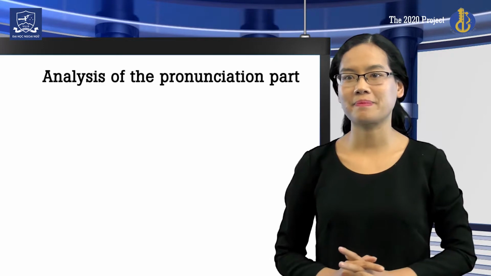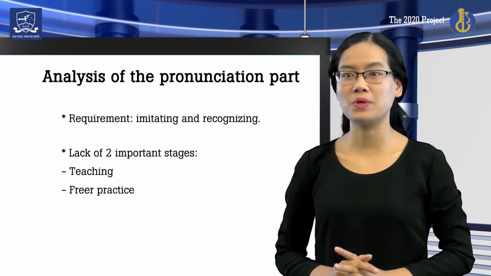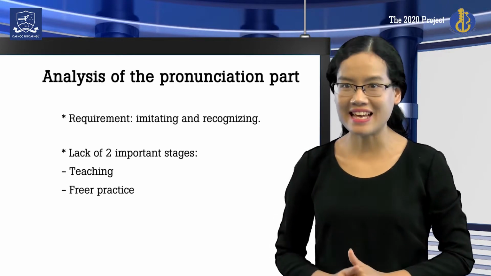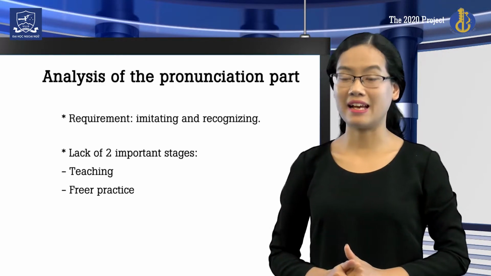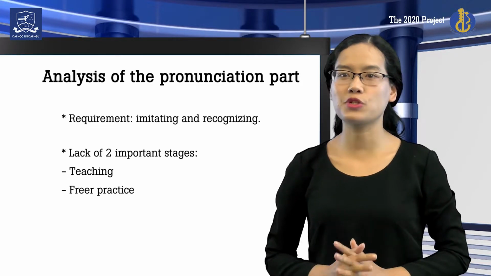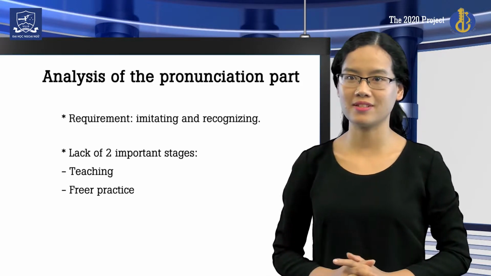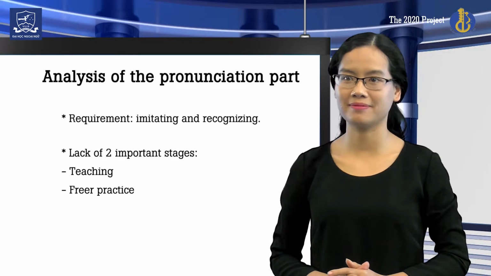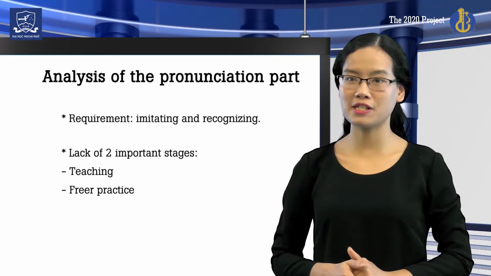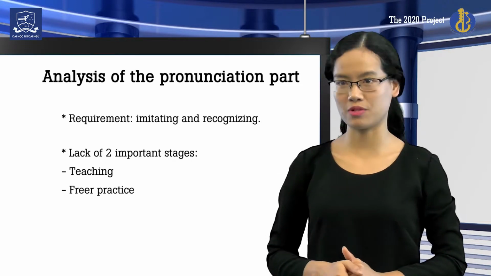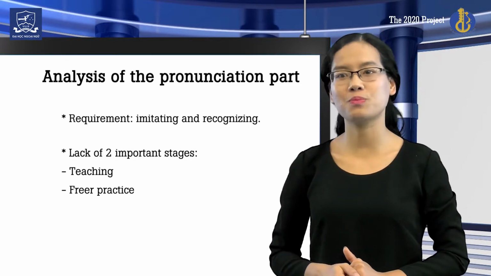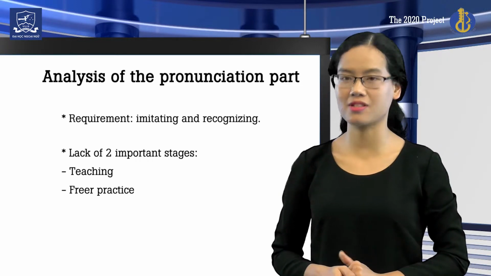As you can see, all the exercises require students to do two things: imitating the sounds and recognizing the sounds. It lacks two important stages in teaching pronunciation. In the first stage, before asking students to repeat any sound, the teacher's role is to teach them how to produce the target sound first.